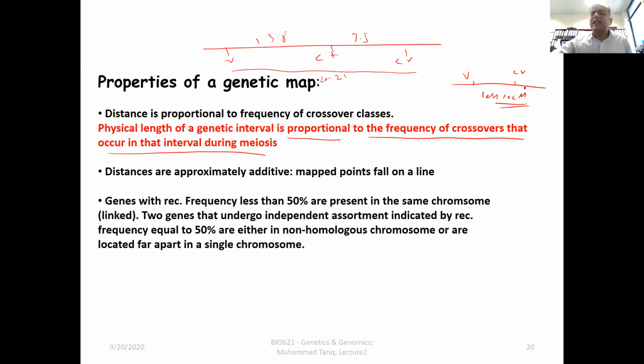If we go less than 10 centimorgans, recombination between two genes is very little. And I would say genes less than 10 centimorgans, you will call them linked. Genes on the same chromosome are normally referred to as linked, but true linkage is when two genes always inherit together during meiosis. No recombination. This shows zero recombination.